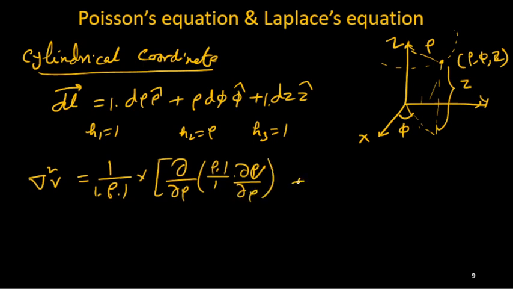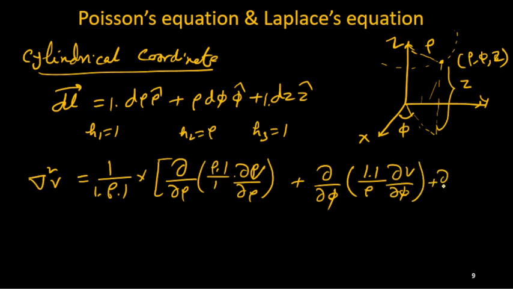Plus the next one is del with respect to phi, del phi, and this time the denominator is rho, the numerator is the product of h1 and h3, 1 and 1, and it is del V del phi. And the last one is del z, and this time the coefficient is h1 h2 over h3, which is 1 into rho, and it is del V del z.